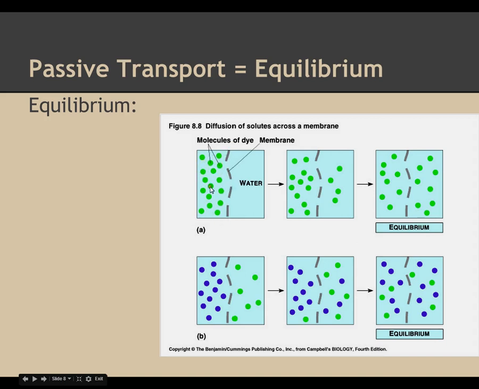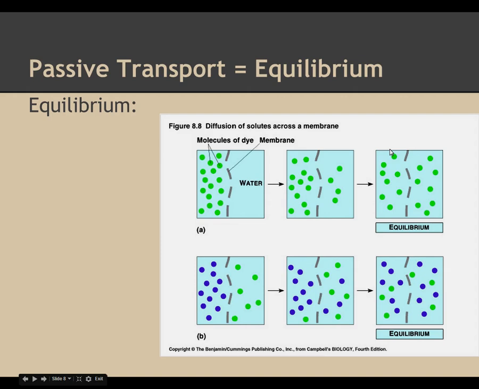As the dye particles bounce off of each other, probability states that over time, half of the molecules will end up on this side of the membrane and half of the molecules will end up on this side. So as they collide and bounce, some of them actually make it through the holes in the membrane. Given enough time, eventually there would be an average of 50% of the molecules over here and 50% over here.